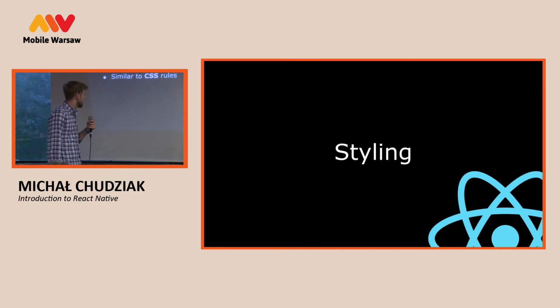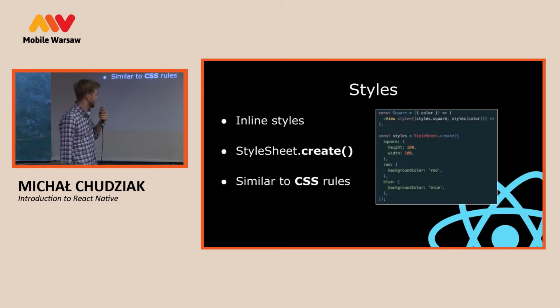Styling. Styles in React Native are actually created to be simple for web developers. So we have the same props as web developers. The only difference is that we use camel case inside the object declarations instead of dashes as in CSS files.